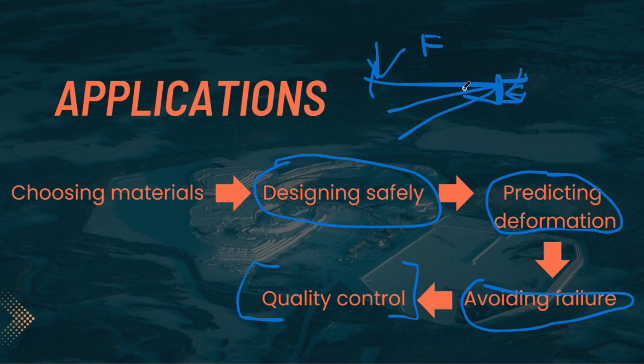When you apply the material, the conditions, and forces, it shows you the dangerous region, the dangerous deformation, and you avoid failure. Okay, this is the information about stress-strain diagram application in mechanical engineering.